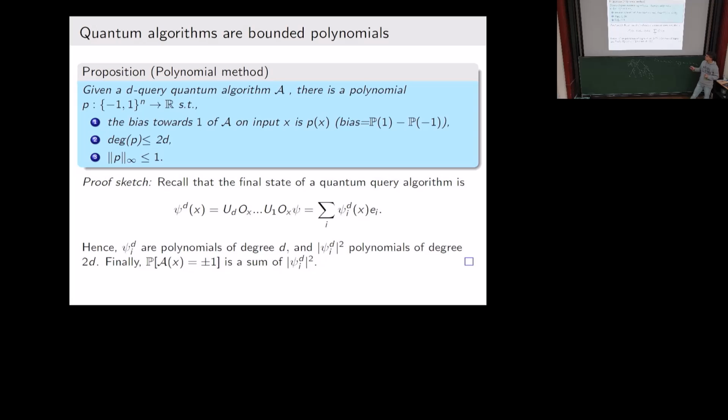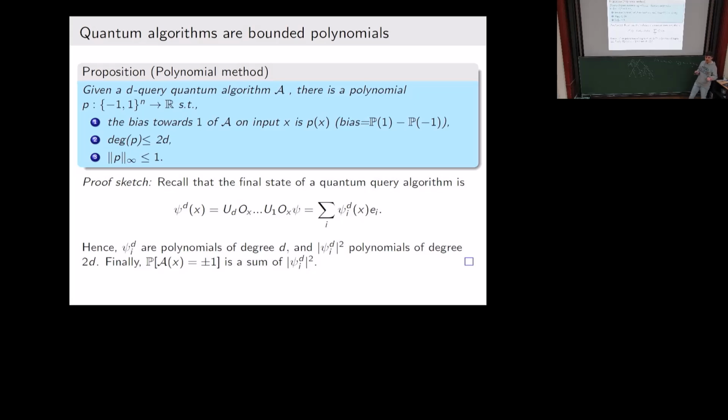So the probability of measuring plus or minus 1 is just a sum of these squares of the coefficients. So these probabilities are going to be polynomials of degree 2D, and thus the bias is going to be a polynomial of degree 2D. And as the bias is the bias of a random variable, it is going to be between 1 and minus 1. So we have this because of the structure of quantum algorithms, and we have this just because it's a bias.